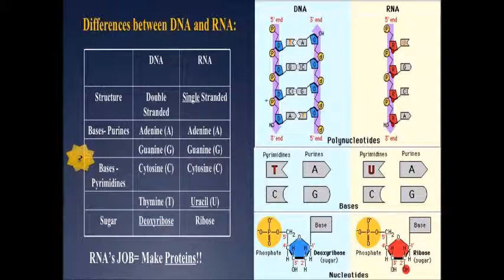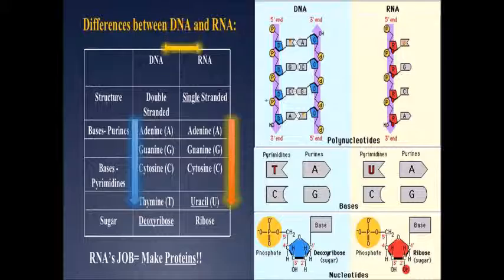Second, the nitrogenous bases that make up DNA and RNA are different. For DNA, the bases are adenine, guanine, cytosine, and thymine. The bases for RNA are adenine, guanine, cytosine, and uracil. So, the bases that differentiate between DNA and RNA are thymine or uracil.